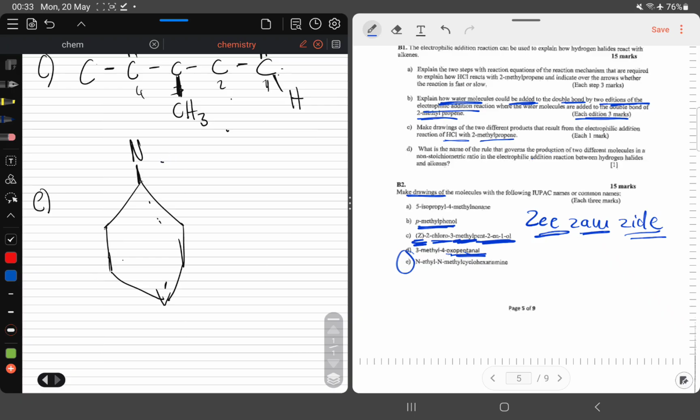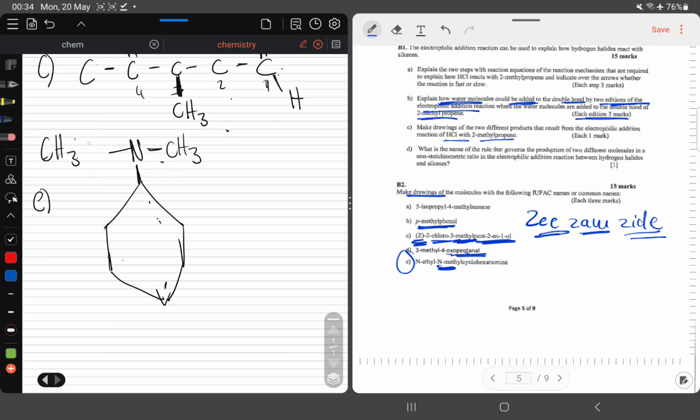Now, what do we have in the cyclohexanamine? We are going to have N-methyl. So here we have a methyl, CH3, connected to the N. When you see N-methyl, it means it's connected to the N. Then we have N-ethyl. An ethyl is two carbons, so it's going to be CH3, then CH2.